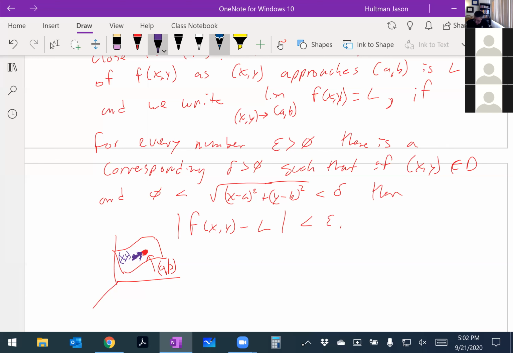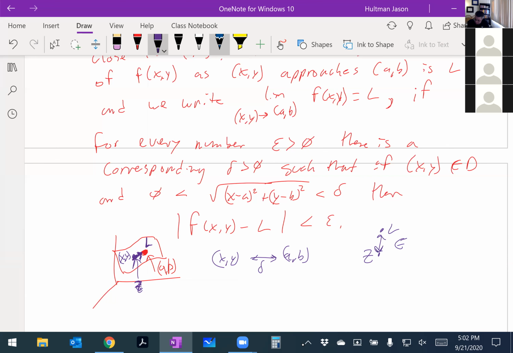to AB. And so the difference between the z value at this point and the actual z value at the point AB is also getting closer and closer. So if the distance between xy and AB is closing by delta, then the distance between z and L is also closing.